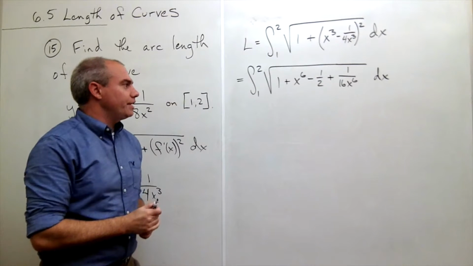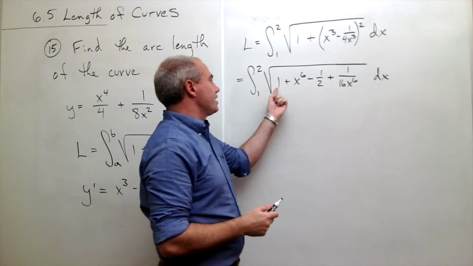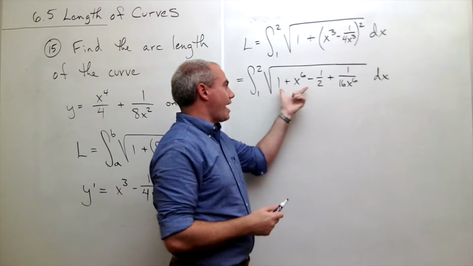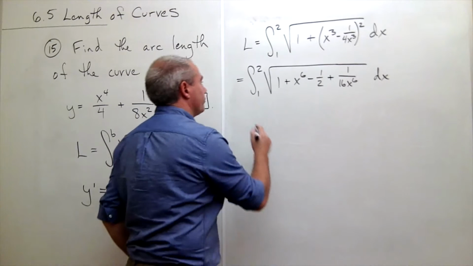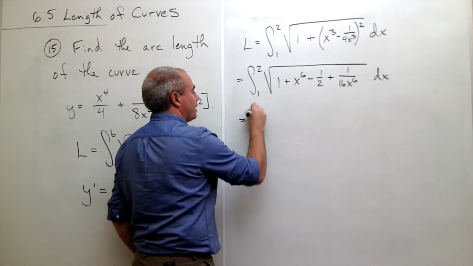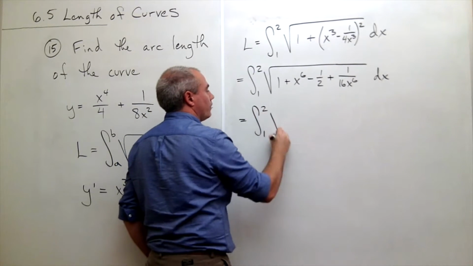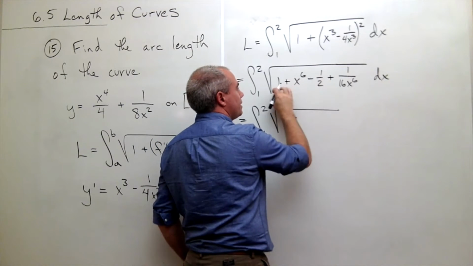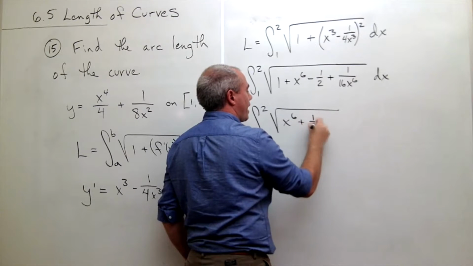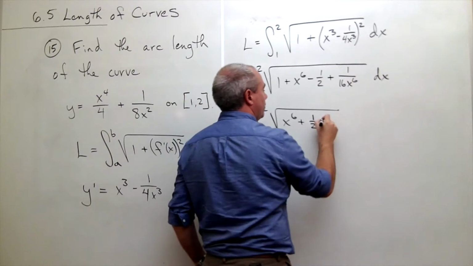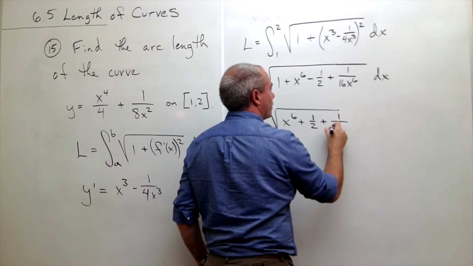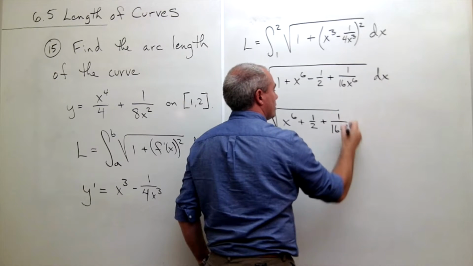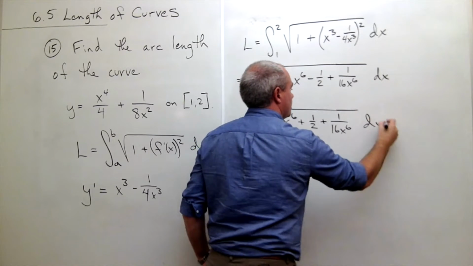All right, the only thing that I see right now is that this 1 and this negative 1/2 could be combined. So I'm going to do that. And I get the integral from 1 to 2 of the square root of x to the 6th plus 1/2 plus 1 over 16x to the 6th dx.